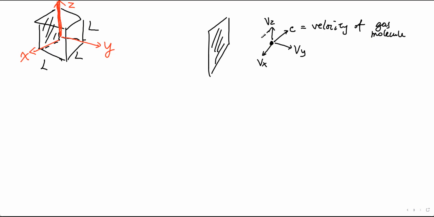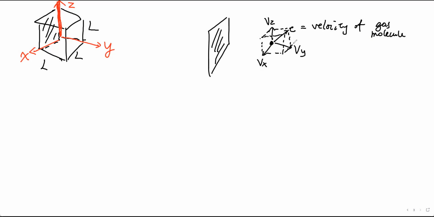It's very difficult for me to draw it. Something like this. Just imagine C is the diagonal of this cuboid. Now remember, what does it mean by random?